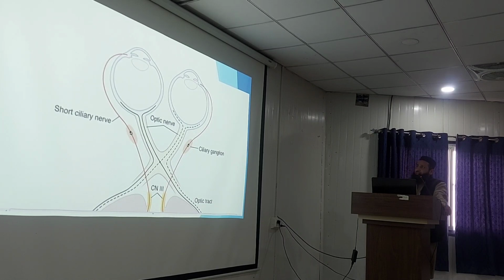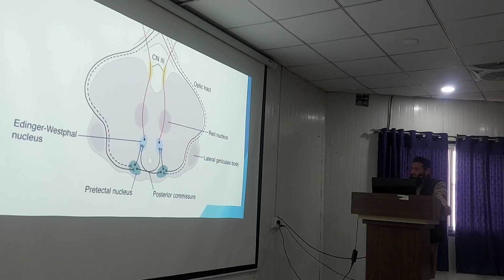From the iris to the ciliary ganglion, through the third nerve to the midbrain. So why is this consensual light reflex there? When we shine light to one eye, the other eye also constricts, provided the optic nerve is intact.